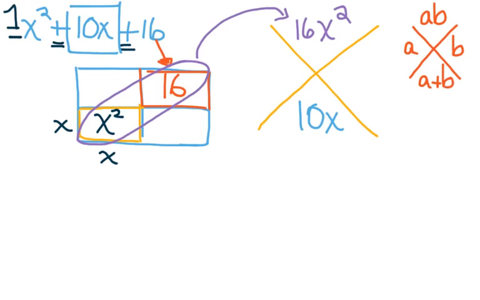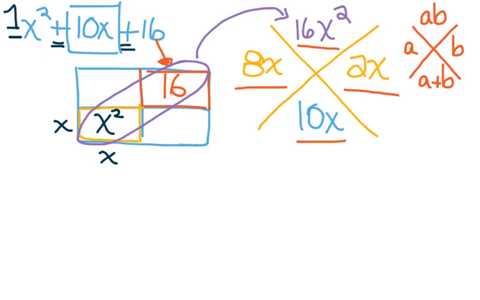So now I know that 10x is when I have A and B added together, and at the top, 16x squared is when I have A and B multiplied together. So I'm looking for two values that when I add them together give me 10, and when I multiply them give me 16. And I know that those two values are 8x and 2x.